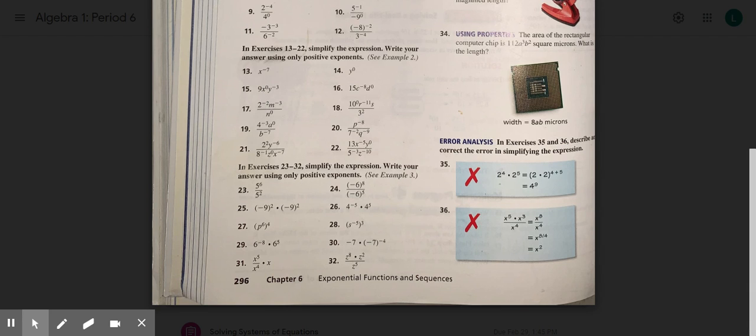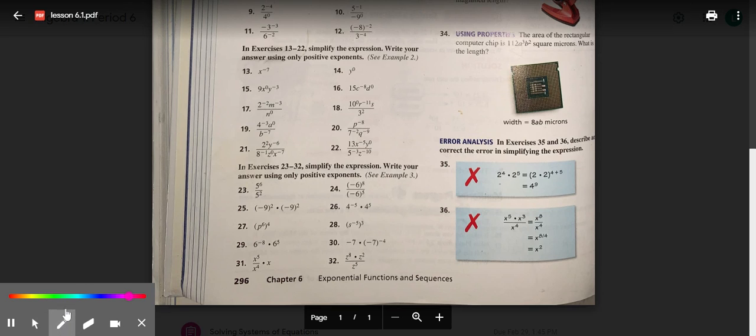If we look ahead, 19, we have a negative 7 as the denominator. We're going to flip this negative 7 as the numerator, positive 7, and this negative 3 as the denominator of positive 3.